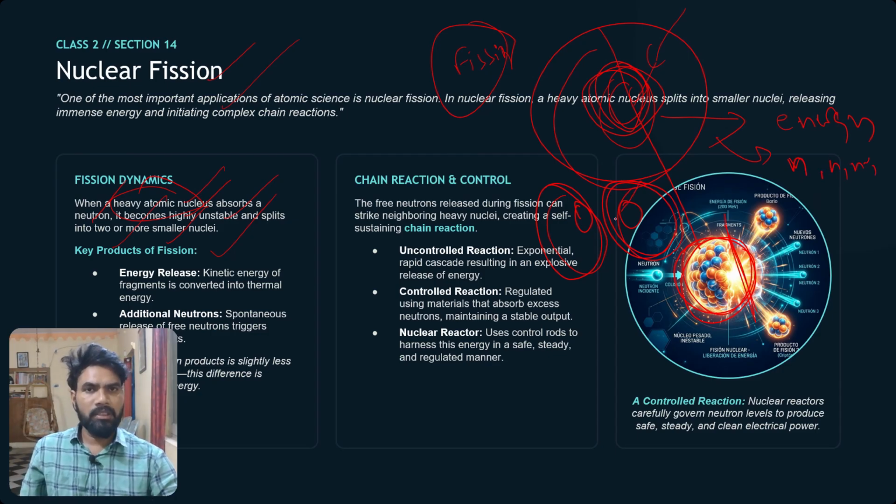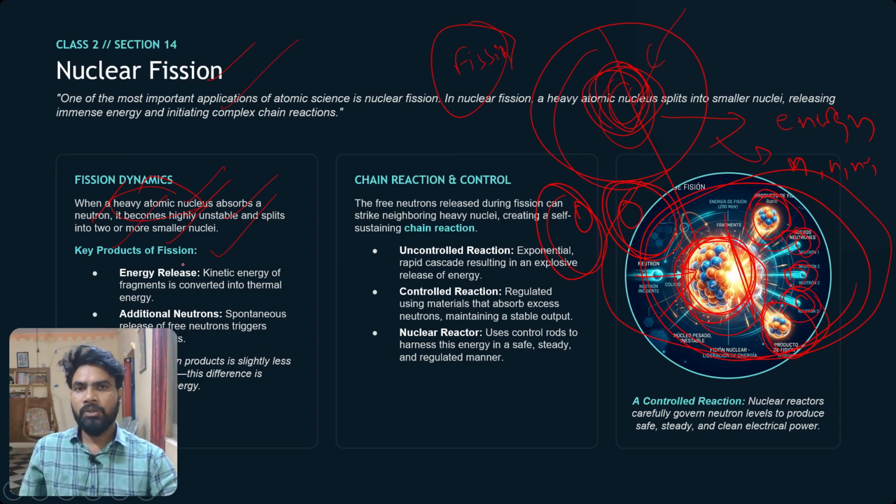In the image, that is what we try to depict. This is the heavier nucleus, and one neutron is entering here, and because of that the nucleus is breaking and forming two different nuclei, and in the process you can also see some free neutrons emerging.